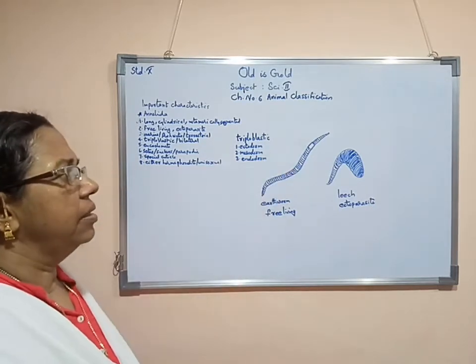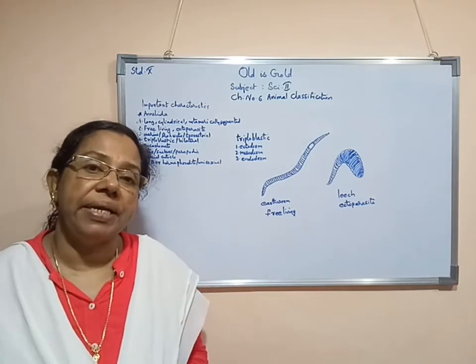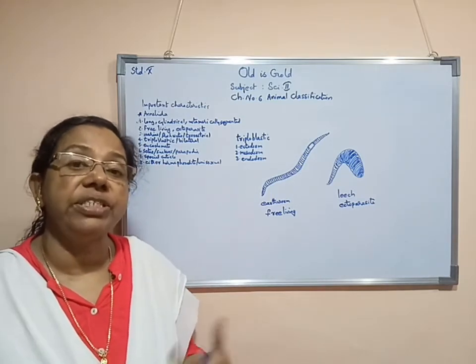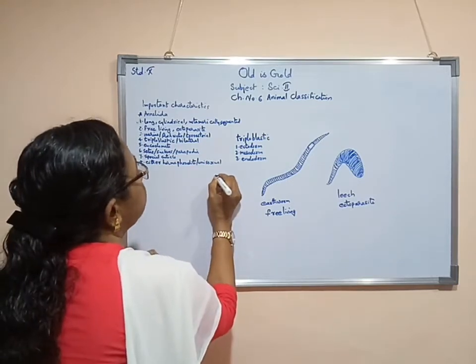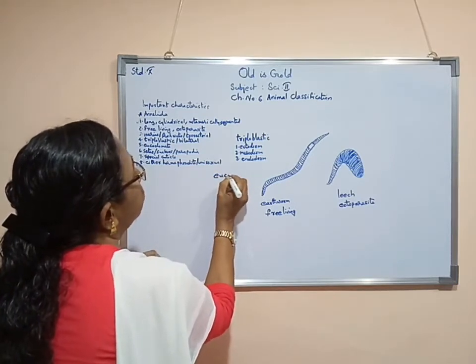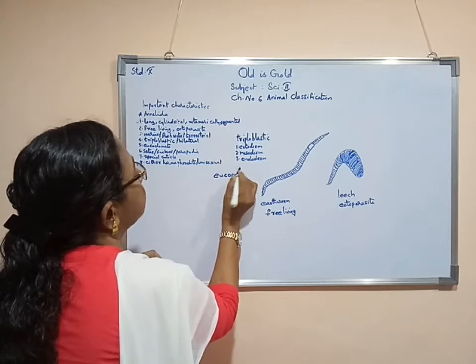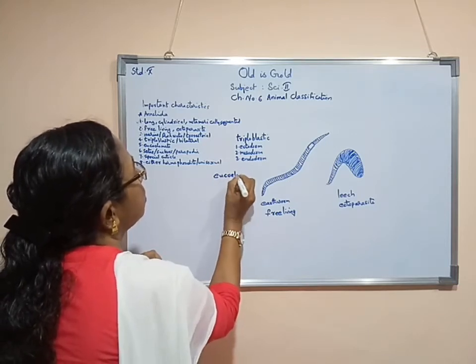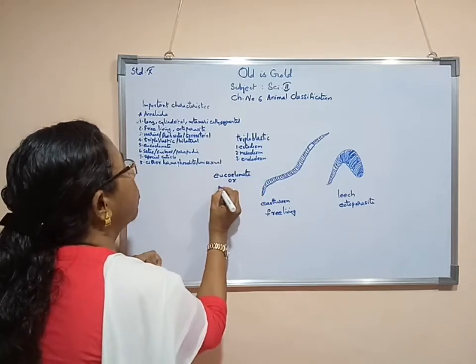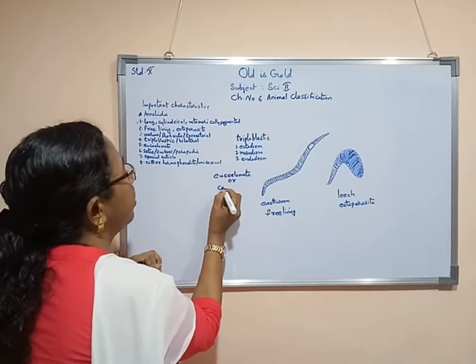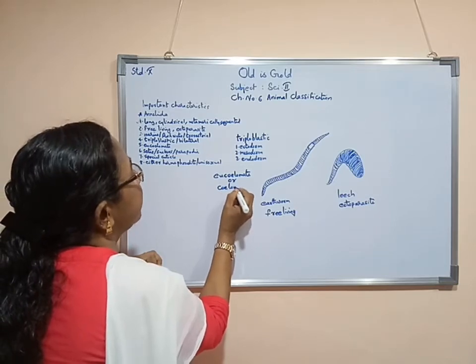Then they are eucoelomate organisms or eucoelomate animals. Eucoelomate, what is its meaning? Eucoelomate or coelomate have the same meaning.